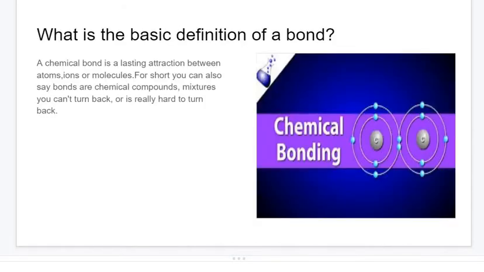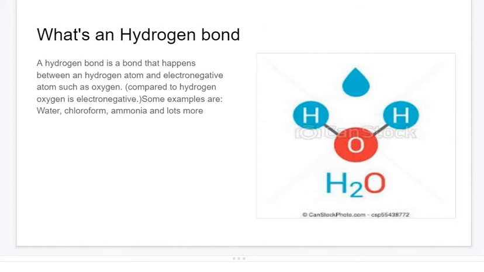Now I'll quickly give you a summary, a very short summary really. What is the definition of a bond? If someone asks you that, just say all basic stuff: it's basically a chemical compound. And if they ask what a compound is, just say mixtures that you can't turn back. And what is a hydrogen bond? It's basically a bond that happens between hydrogen atoms and electronegative atoms such as oxygen.